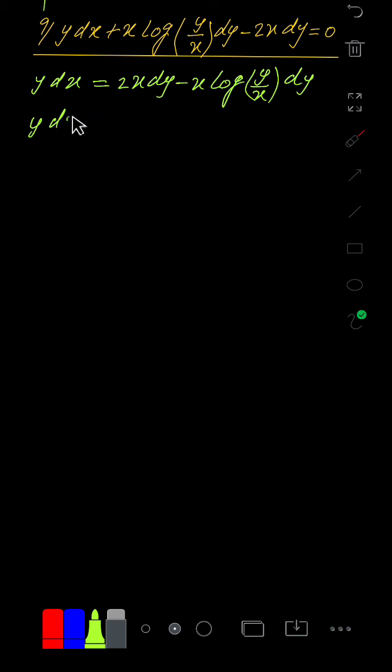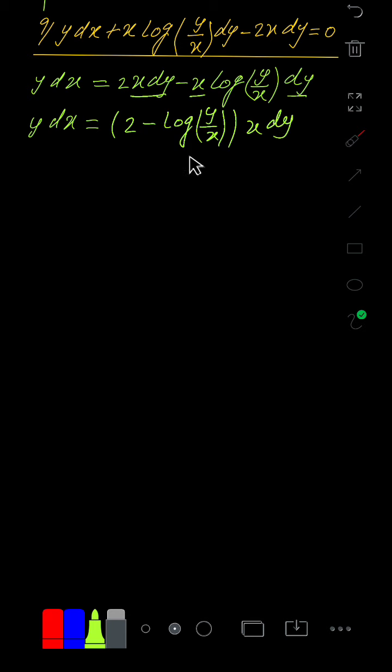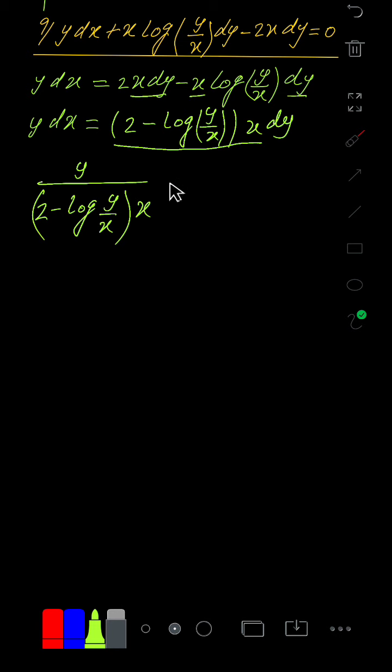Y dx is equal to, taking x dy common out of these two terms, inside the bracket we have 2 minus log y upon x dy common. Transposing this expression to left hand side and dx to right hand side, we have y upon 2 minus log y upon x is equal to dy upon dx.